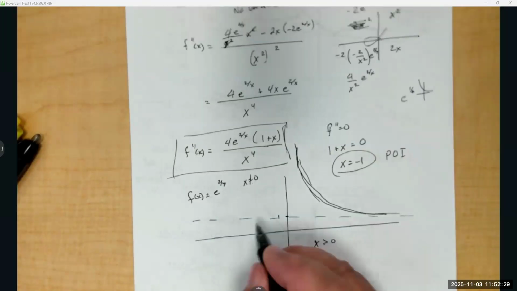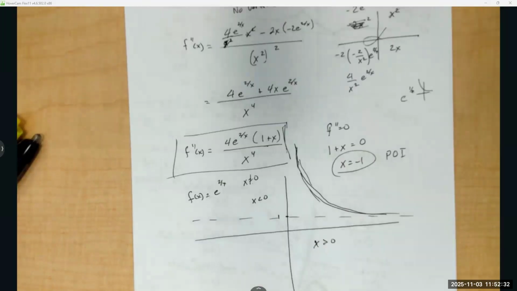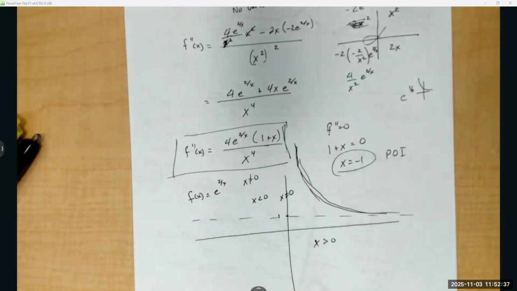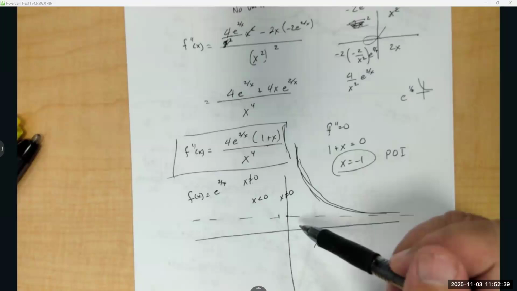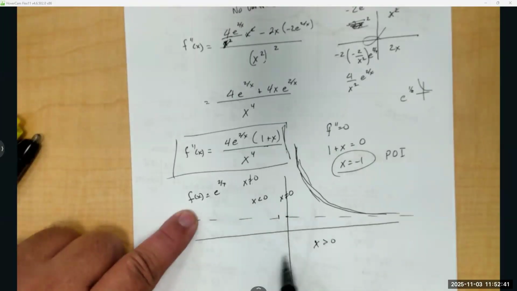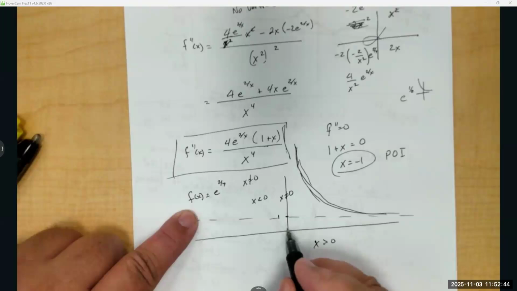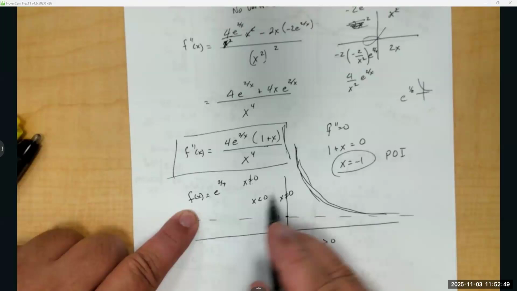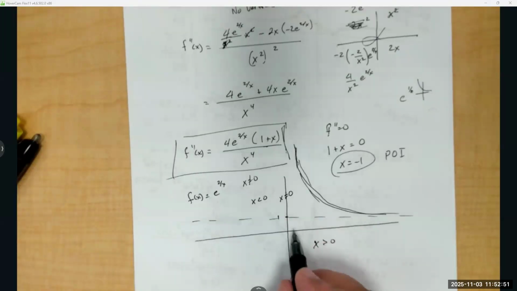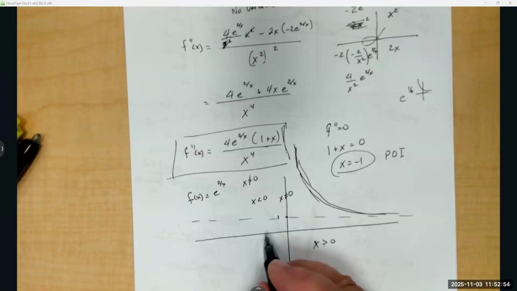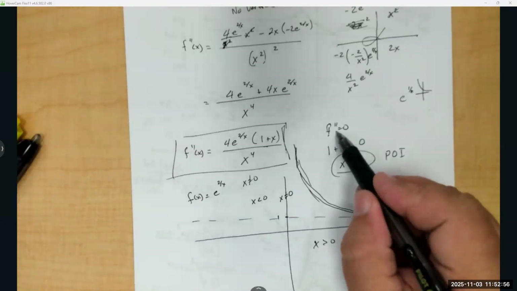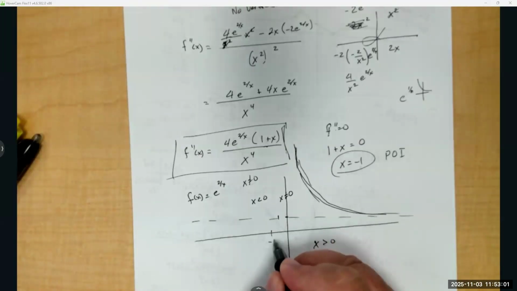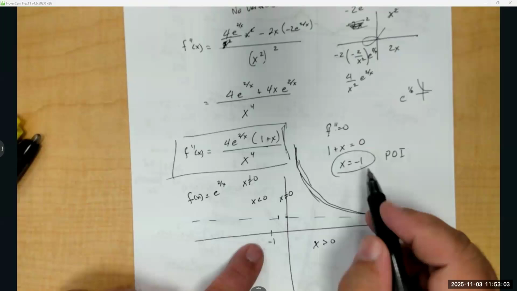Now, when x is less than 0, because x cannot equal 0, this function can never be 0, so nothing down here. So at 0, this is a decreasing function. And we have a point of inflection at -1. So at -1, we have a point of inflection.